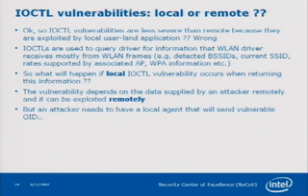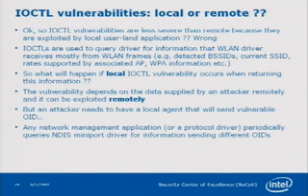But an attacker needs to have a local agent that will send the vulnerable IO control request with the vulnerable object identifier. It's a disadvantage for the attacker, so it still makes the vulnerability local because it requires local code. It's not true.